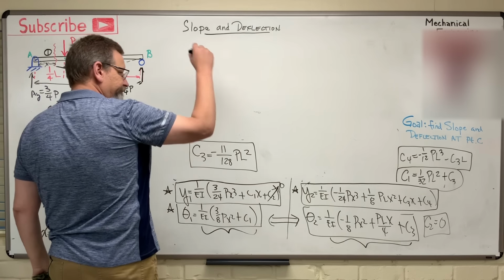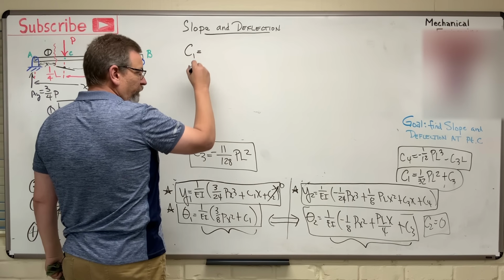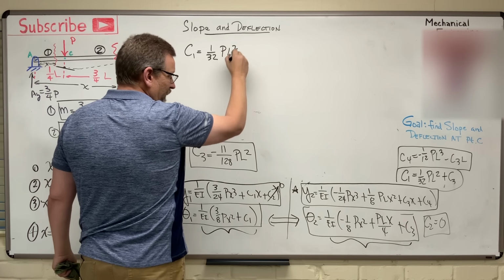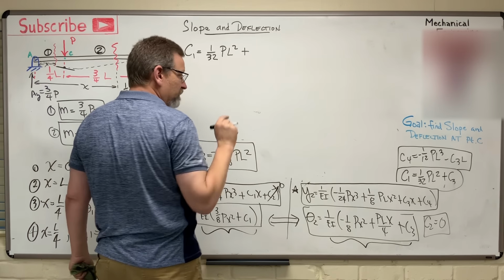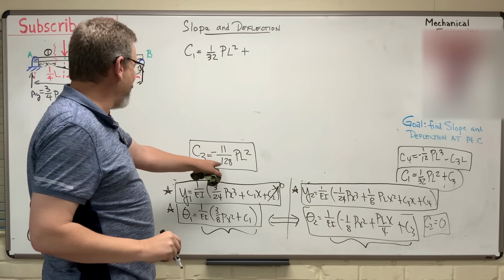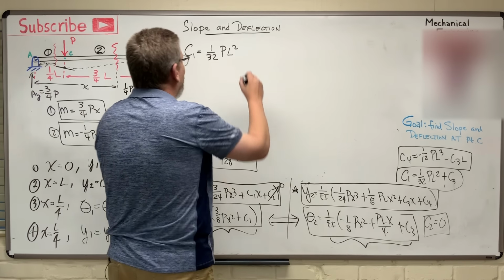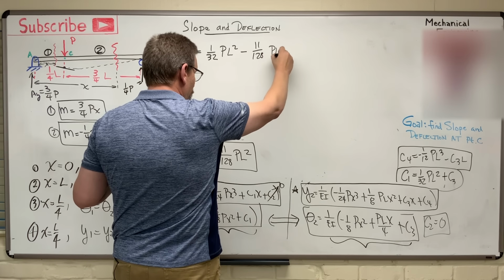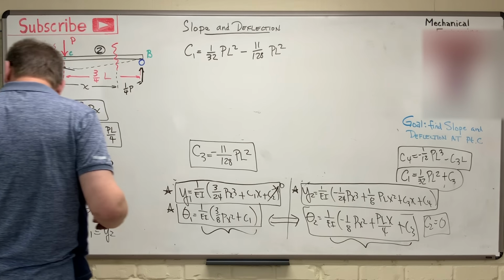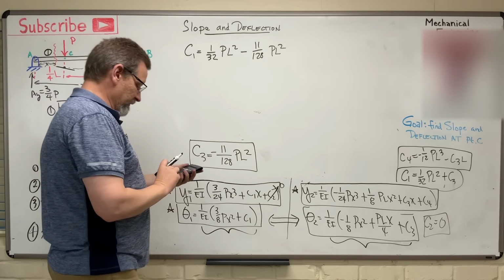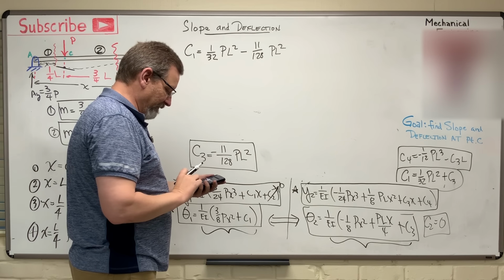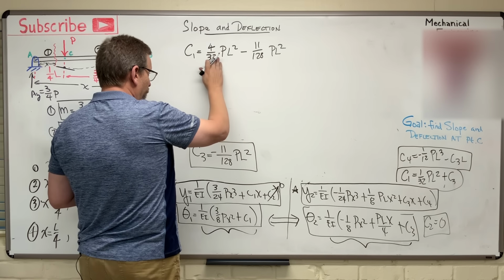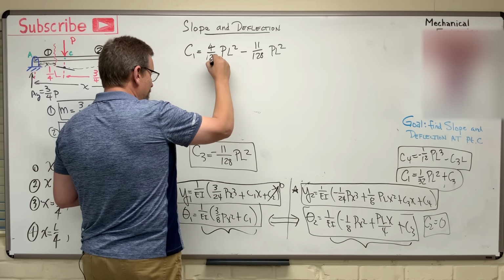So C1 is equal to 1 over 32 PL squared plus C3, which is that. Or we could just say minus 11 over 128 PL squared. And so let's see, what is that? 128 divided by 32 is 4. 4 over 128.